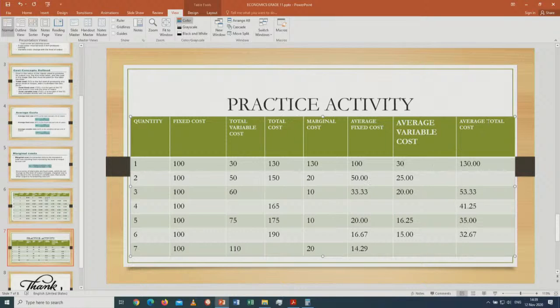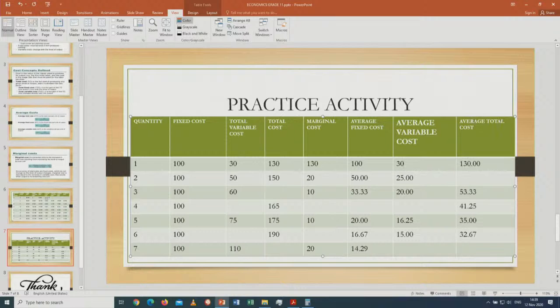And therefore our average total cost, average fixed cost as well as variable cost, must be our average variable cost, which is the 30, and our average fixed cost, which is the 100, and therefore it gives us the 130. Here again we have the average total cost.